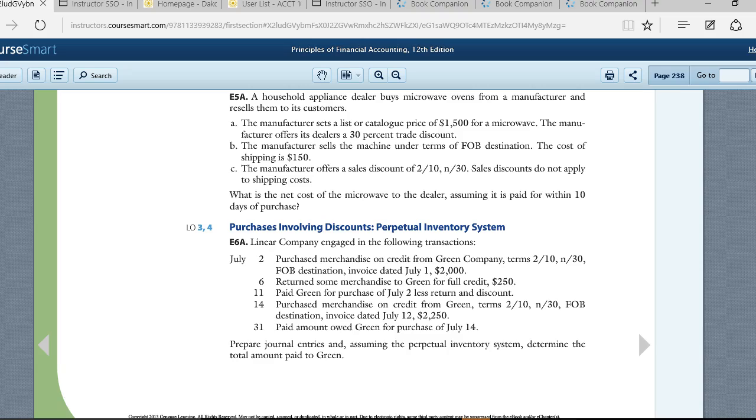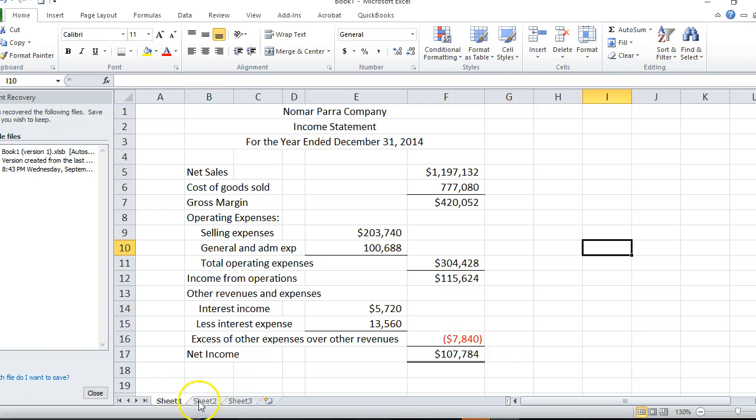We purchase merchandise on credit from Green. Terms 2/10, net 30, free on board destination. Who's paying the shipping costs here? The seller is paying the shipping costs. We don't have to deal with shipping. Did we give them cash or do we owe them money? We owe them money. So let's go and figure out how we're going to record this.